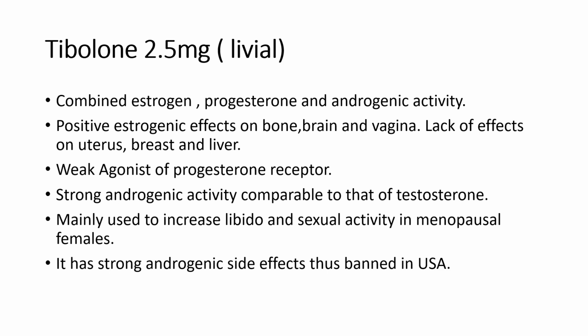It has positive estrogenic effects on bone, brain and vagina. This is very important. But it lacks effects on uterus, breast and liver. So it can be given to patients who have a history of breast cancer, or any kind of liver pathology.